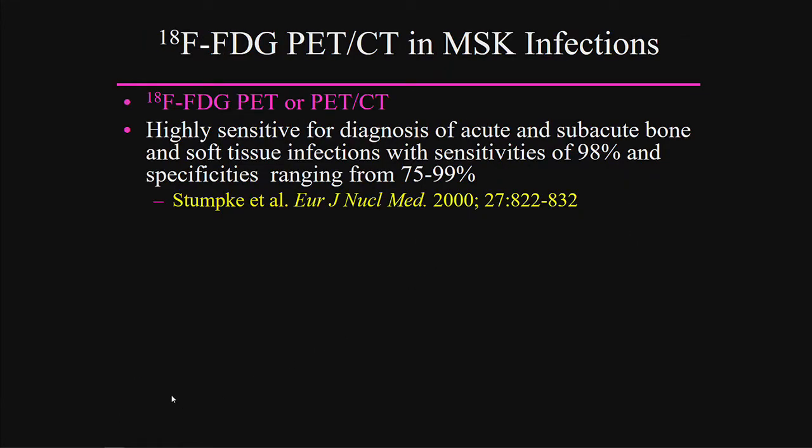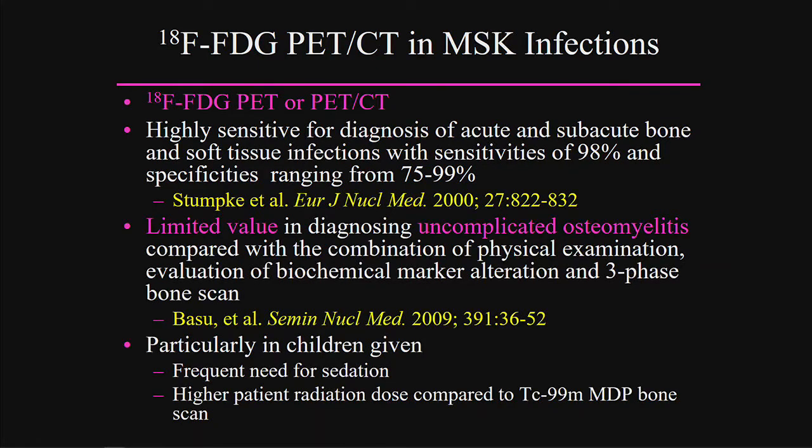I'm briefly going to talk about MSK infections, and it's been shown that FDG PET or PET-CT is highly sensitive for the diagnosis of both acute and subacute bone, as well as soft tissue infections with sensitivities of 98% and high specificities, but is of limited value in diagnosing uncomplicated osteomyelitis compared with a combination of physical exam, evaluation of biochemical markers, and 3-phase bone scan, especially in children who frequently have the need for sedation.